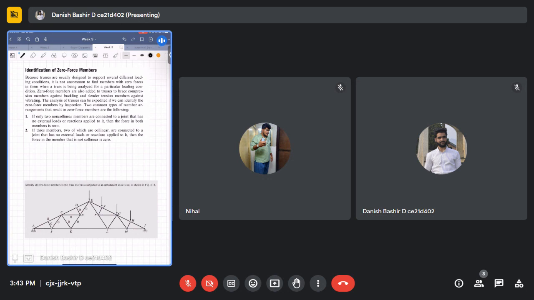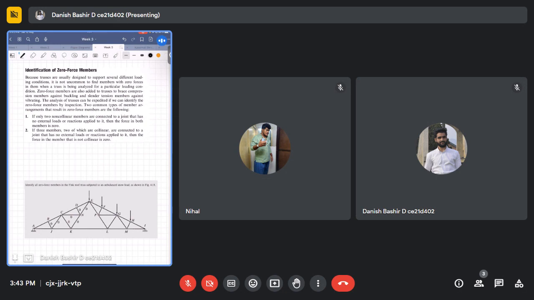So the biggest role of these zero force members is maintaining the internal stability of a truss structure rather than carrying any axial tension or axial compression. Other members which are occupied for carrying tension and compression are also maintaining the internal stability, but these zero force members are also necessary so that the overall internal stability of the truss structure is maintained.